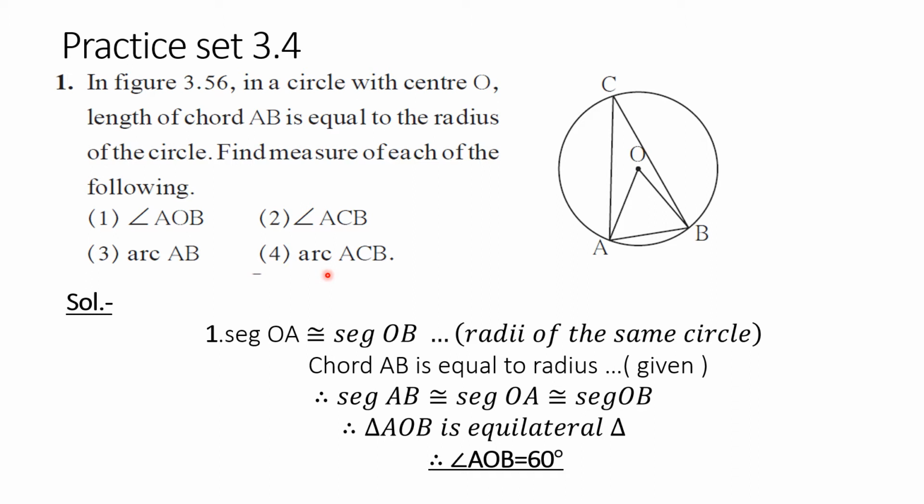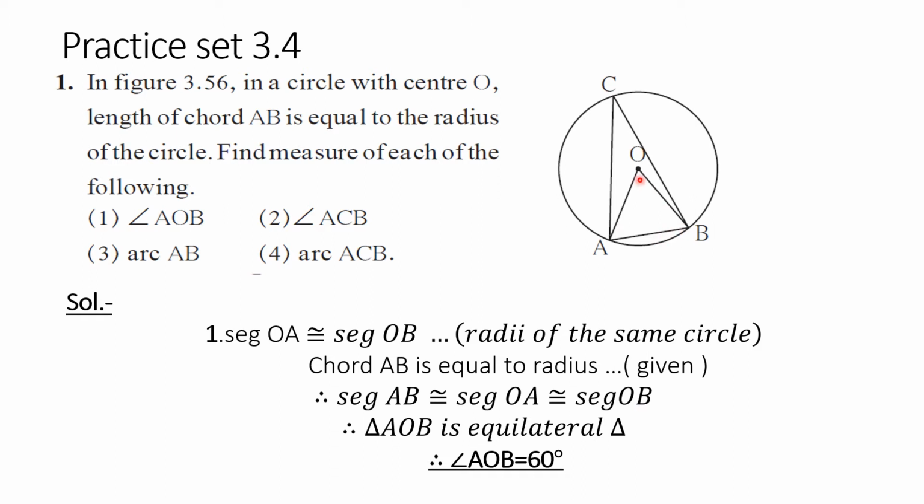Now, solution. In the given figure, OA and OB are the radii of the same circle. Therefore, segment OA is congruent to segment OB. Now, it is given that chord AB is equal to the radius. Therefore, we can write segment AB is congruent to segment OA is congruent to segment OB.